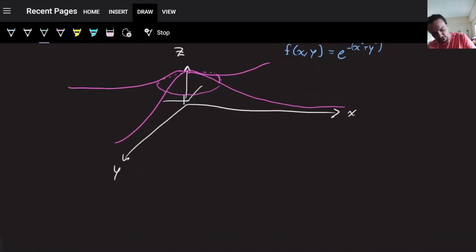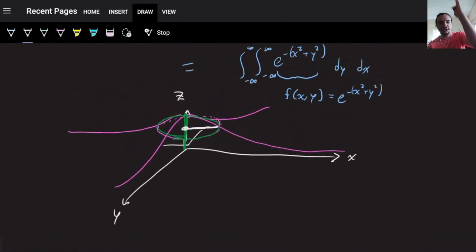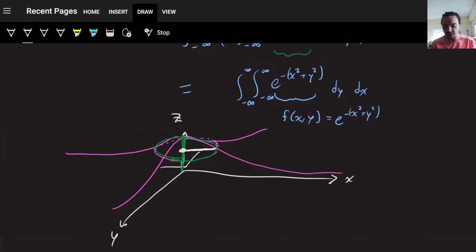So I'm going to look at this as a bunch of disks that are going up the z-axis. So along the z-axis, you can look at what the cross-section of our volume looks like. And you'll see that it's actually given by a disk, because right here we have this x squared plus y squared.